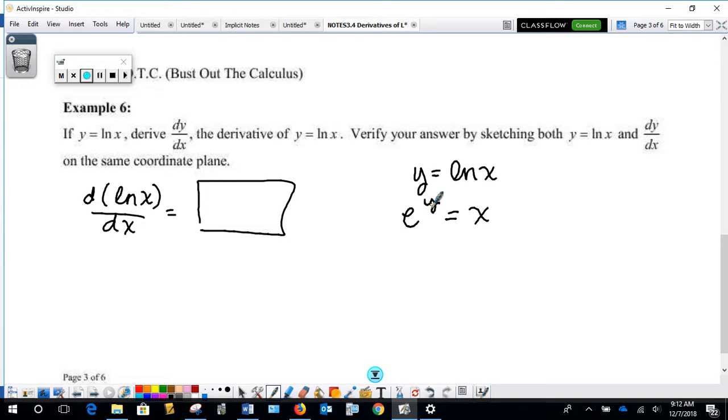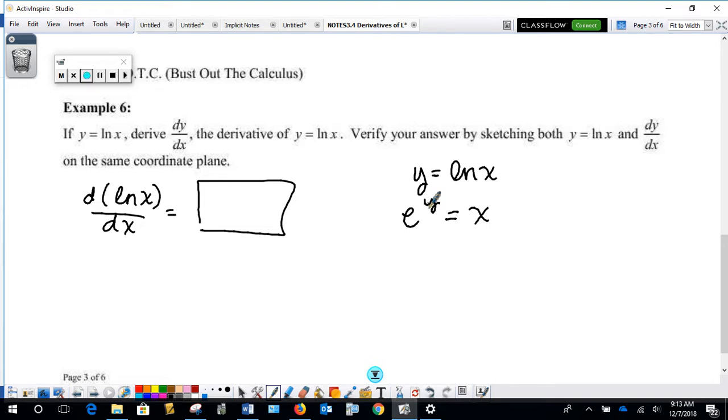If I said, what is the derivative of e to the g, what would you do? g is a function, so you do g prime. Why? Because if there is a function right there, what rule do you have to use? Chain rule. So y is really a hidden function.